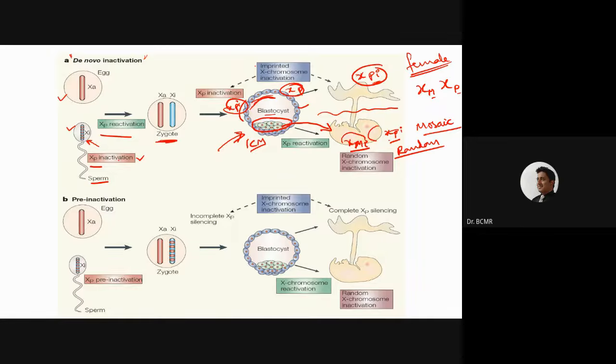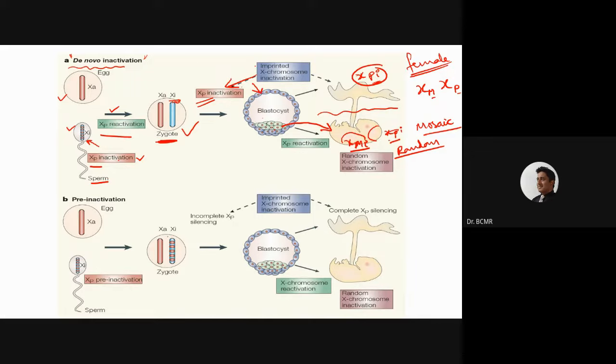During the formation of the zygote, some people think that the X chromosome is reactivated, and during the first differentiation at the blastocyst, the paternal X chromosome is newly inactivated. And in the ICM, as in the zygote, both are active, maternal and paternal. So that is what is meant by de novo inactivation. After the change, the inactivation occurs.